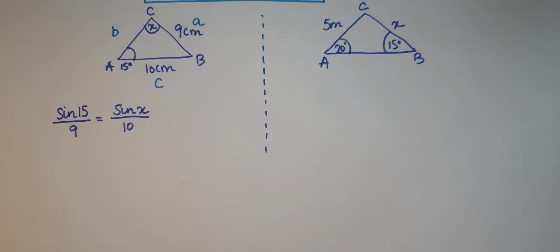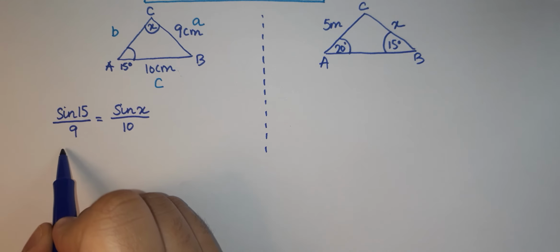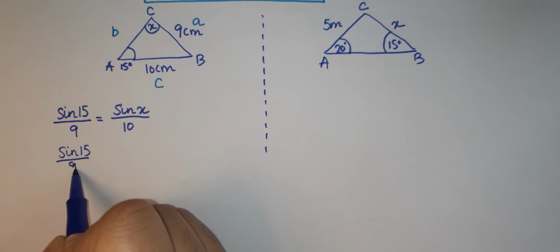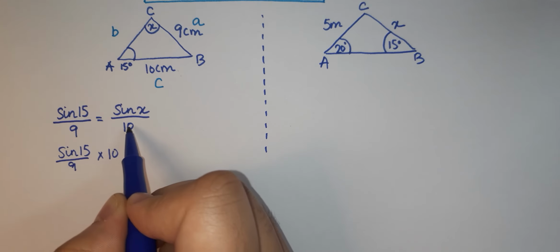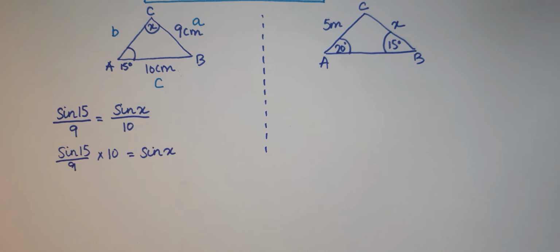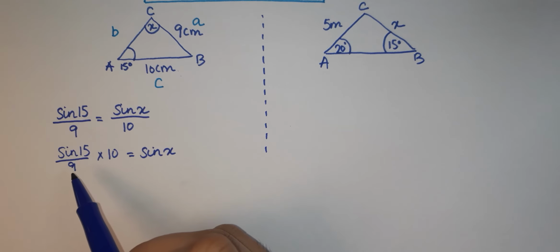And then in order to get our x value, we need to write this as sine 15 over 9 times 10, so we bring the 10 to this side, equals sine of x. So that's what we would do. And to find out x, we would just do the sine inverse of this whole thing.